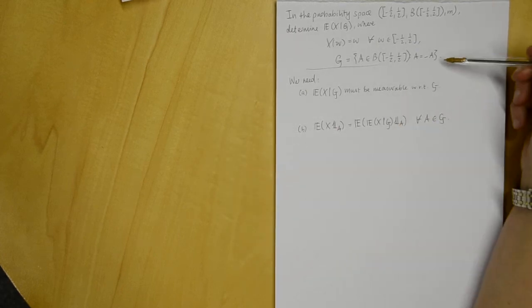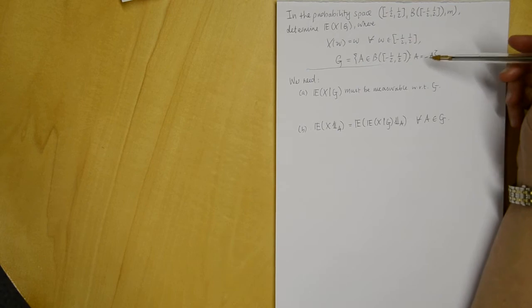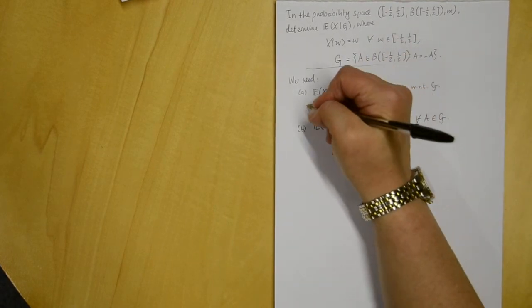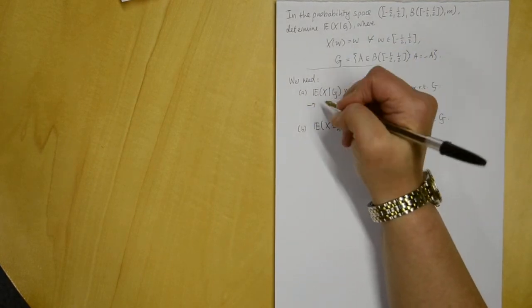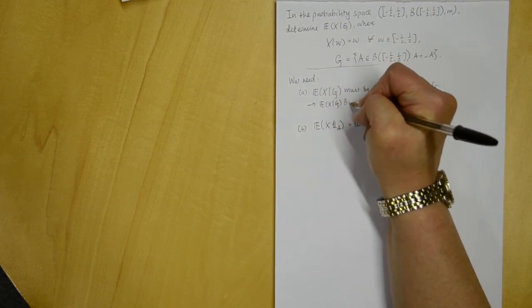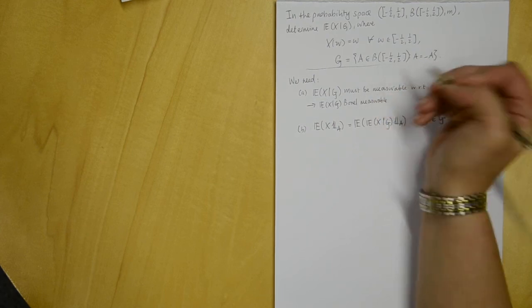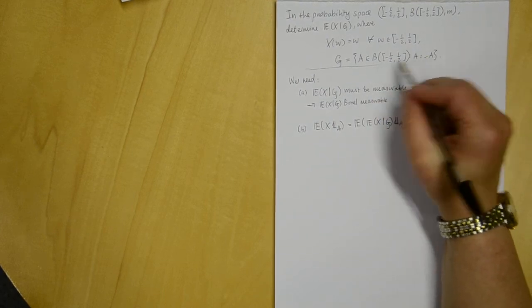Now, we've covered symmetric sigma fields in this module a couple of times before, and we've seen that the functions that are measurable with respect to sigma fields like this tend to be the functions that are Borel measurable and they have the same symmetry as the sets in the sigma field.